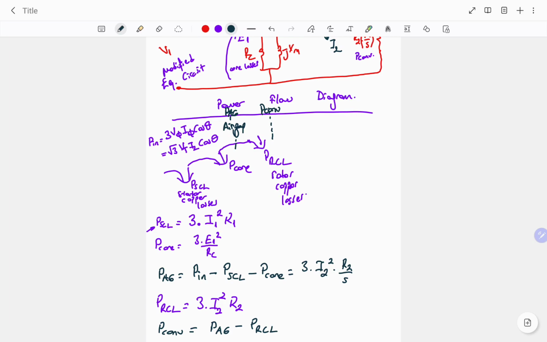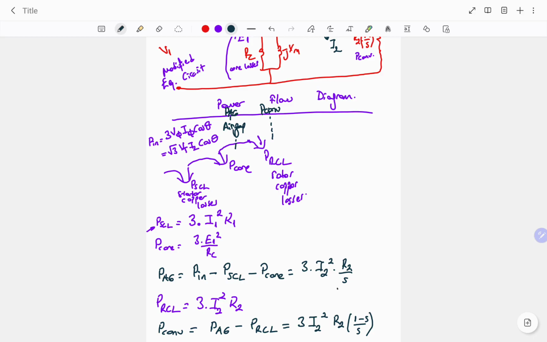Or, again, through the equivalent circuit, we can write 3 times the current flowing through that part times the resistance which represents the converted power. That means R2 times (1 minus S) over S. This resistance is the representative of the converted power.